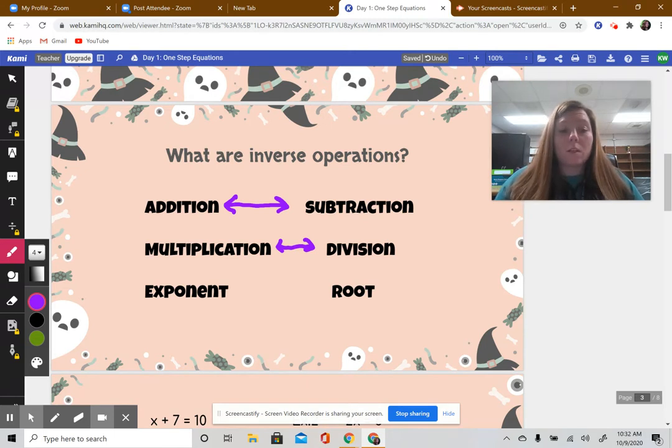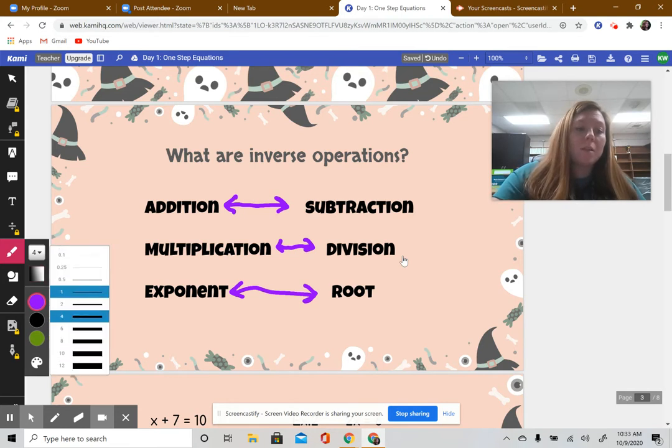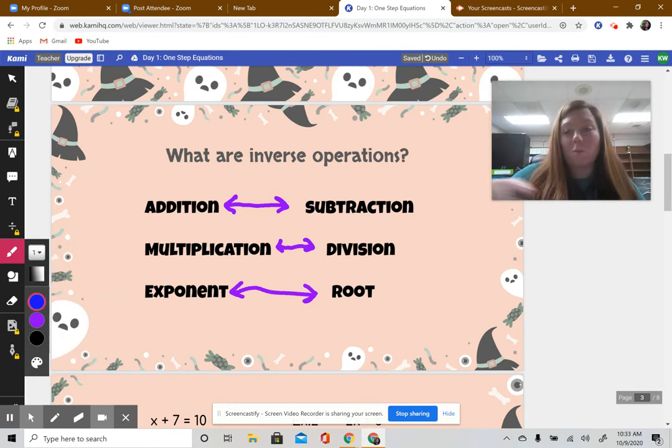Now, the last one is something you guys might not know. The opposite of an exponent is the root. I'm going to write an example down because this is probably the one we're going to use in 9th grade math. Let's say I had x squared and I wanted to get rid of that exponent.